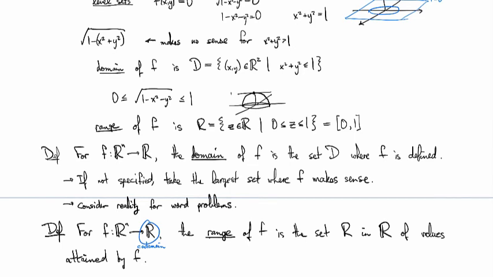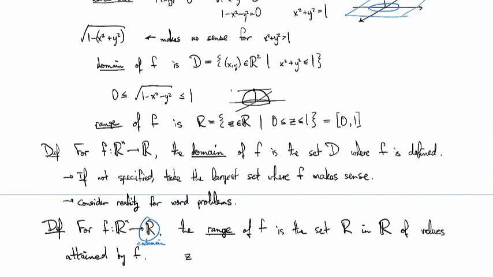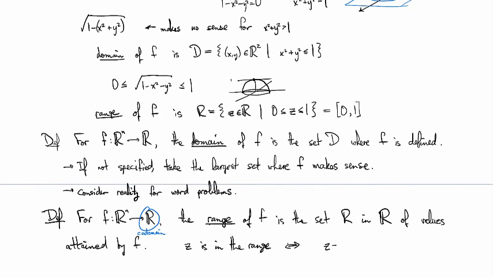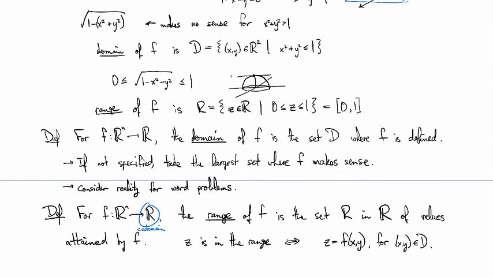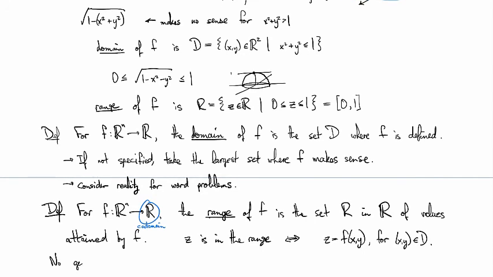So, in other words, z is in the range if and only if z is f of x, y, it's f of some point in the domain. Okay. There's no general rule to find it.